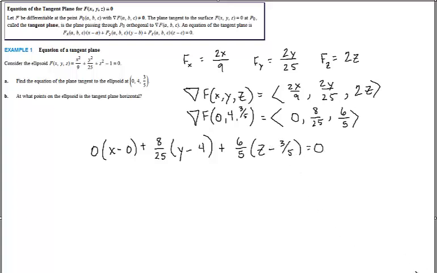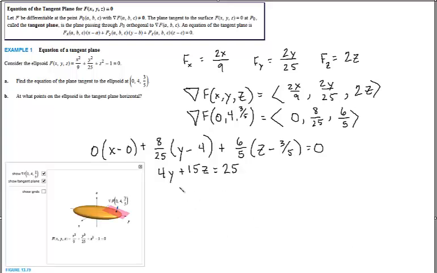Now I'm just going to do my algebra and get this nice and tidy. Alright, so there's my equation for the tangent plane. Notice that this does not depend on x.